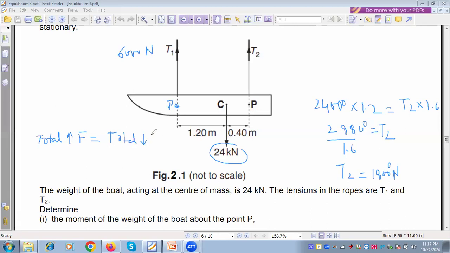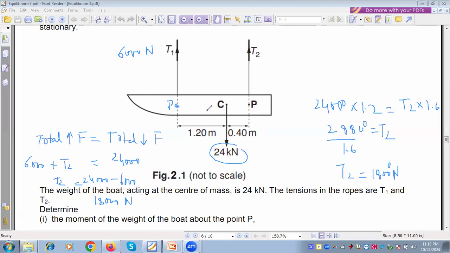Downward force is 24,000, and T1 we worked out as 6000 plus T2. So T2 is 24,000 minus 6,000, that is 18,000 Newton.